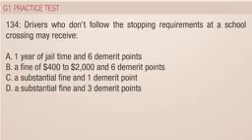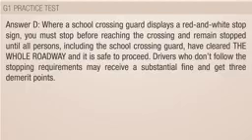D. A substantial fine and 3 demerit points. Answer D. Where a school crossing guard displays a red and white stop sign, you must stop before reaching the crossing and remain stopped until all persons, including the school crossing guard, have cleared the whole roadway and it is safe to proceed. Drivers who don't follow the stopping requirements may receive a substantial fine and get 3 demerit points.